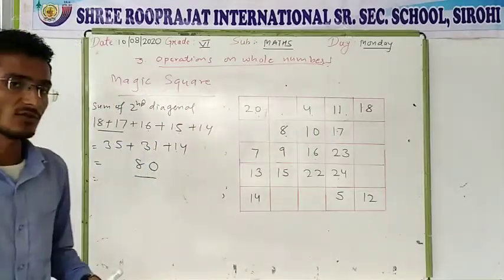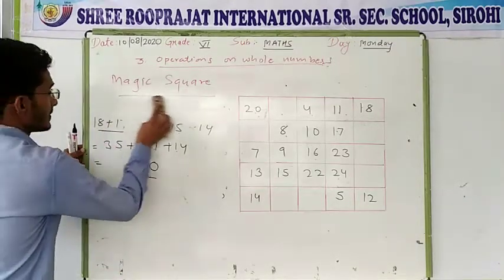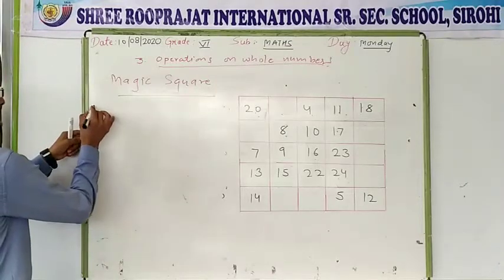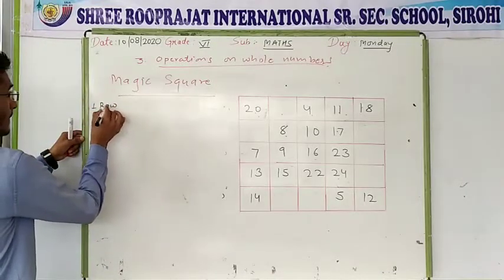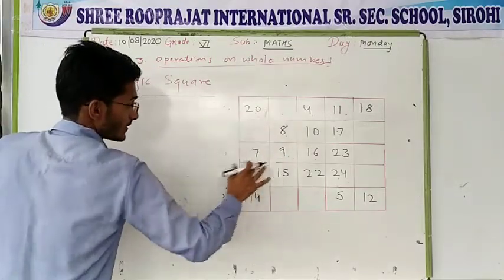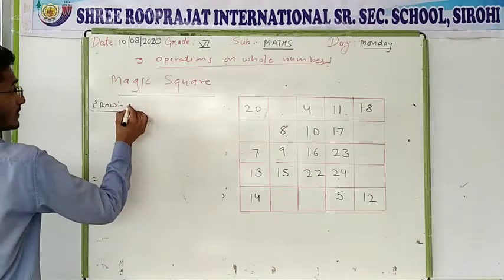If something is not given, you can fill the box according to 80. Like we are going to try the first one, the first row. That is row 1, 2, 3, 4, 5, and those are the columns.